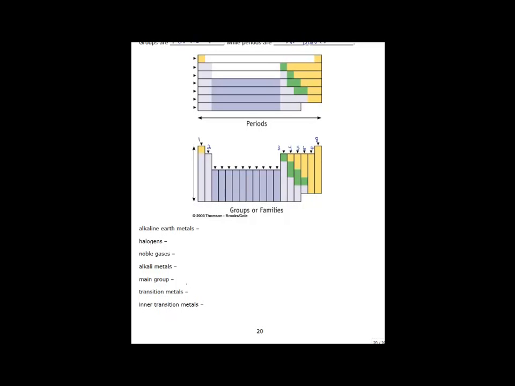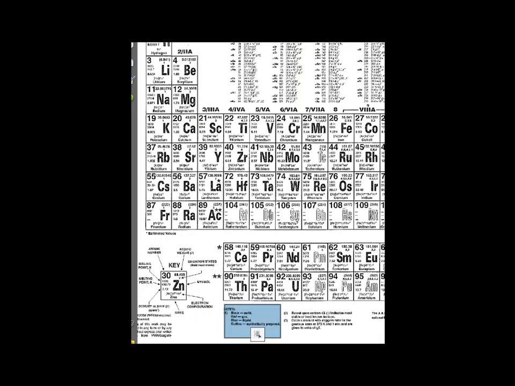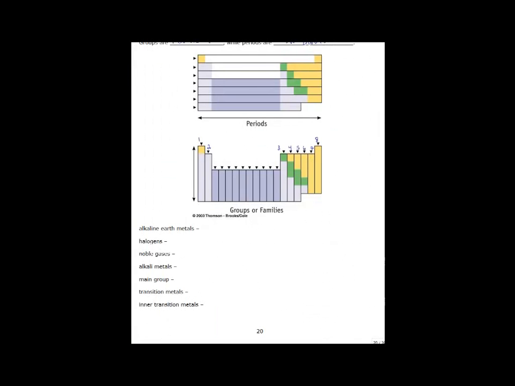Now the groups or families are vertical. So 1 through 8. And I'm going to put these letters here. You can add or omit these to your periodic table. I know it's different than your periodic table that you have. But this is the way it is in your book as well, the way I'm going to label it here. So 1A, 2A, 3A, 4A, 5A, 6A, 7A, 8A.